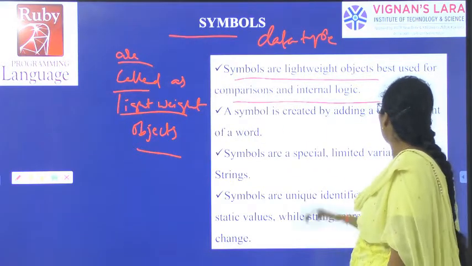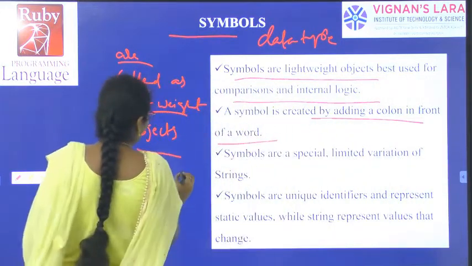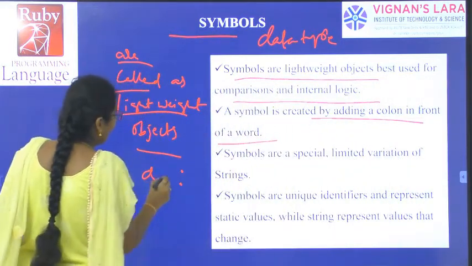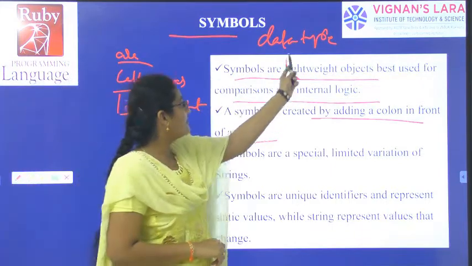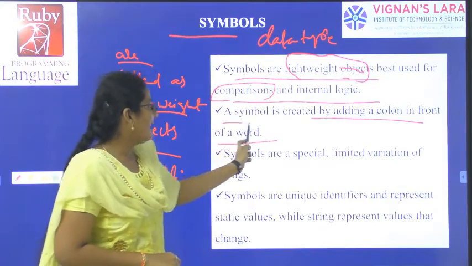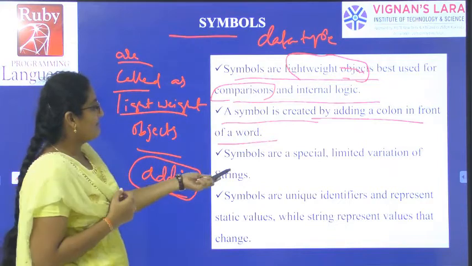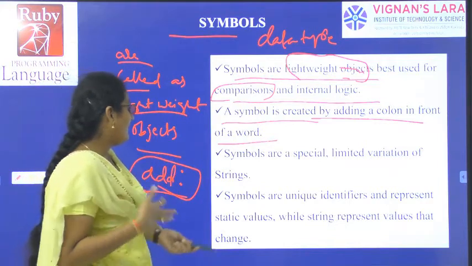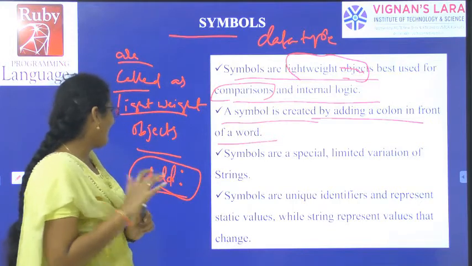Symbols are created by adding a colon in front of a word. So a symbol is a lightweight object. It is used for comparison of internal logic. Symbols are special, limited, unique identifiers which are used to represent static values.